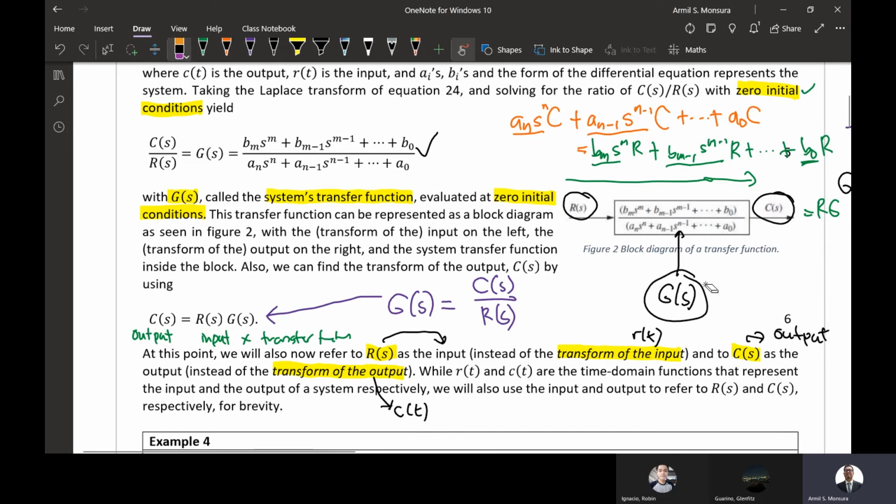So, yung logic ngayon dito is that to get now the output, you need to multiply the input to the system characteristic. Okay? So, medyo obvious yan dun sa block diagram na meron tayo. Okay? So, ayun.